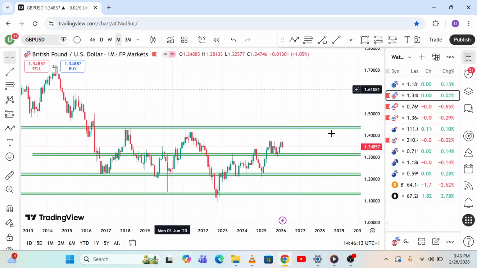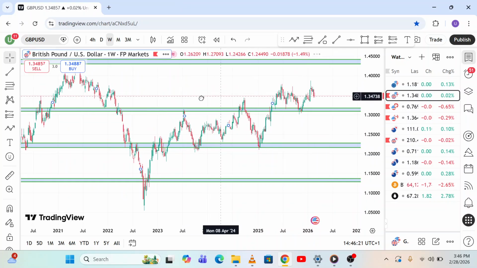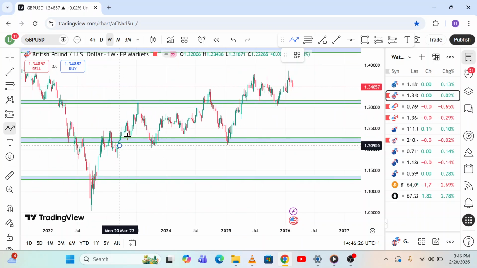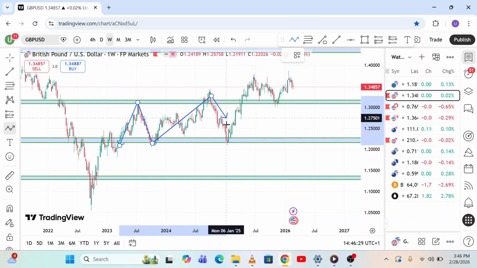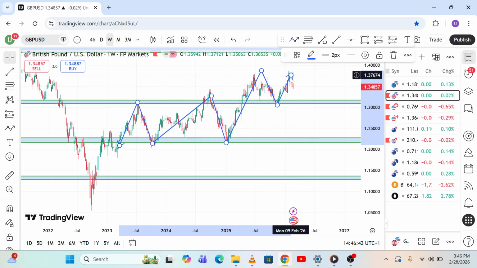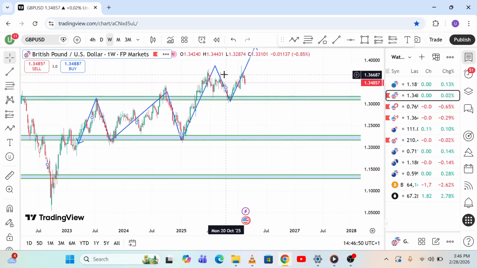Let's go to the weekly time frame to see what's going on. As you can see, we have been having higher highs and higher lows, and we have been in a consolidation mode. But the buyers managed to break this monthly resistance to make it support, with a break and retest here, so we can see the market is supposed to keep moving upward in order to retest this 3-month resistance. This is the 3-month resistance.